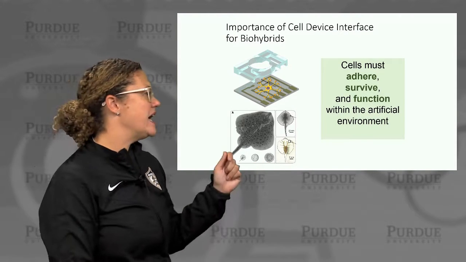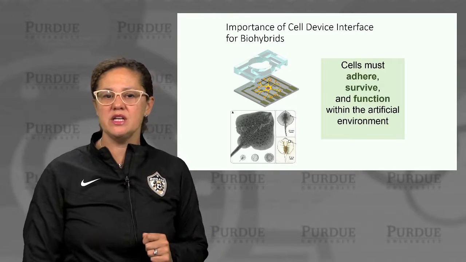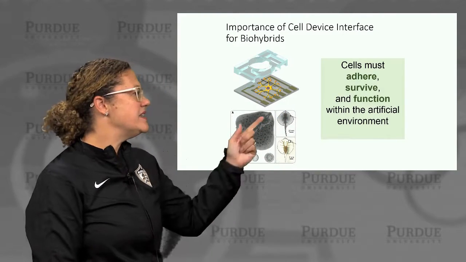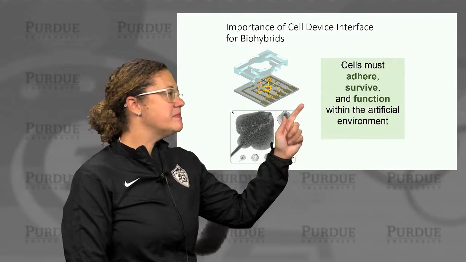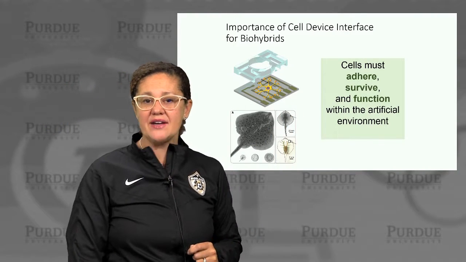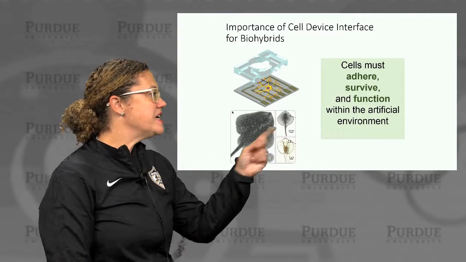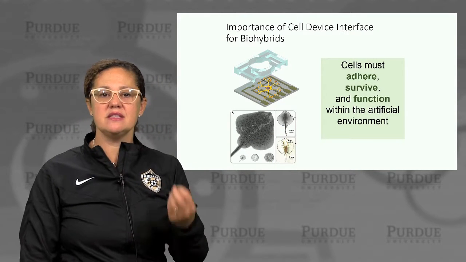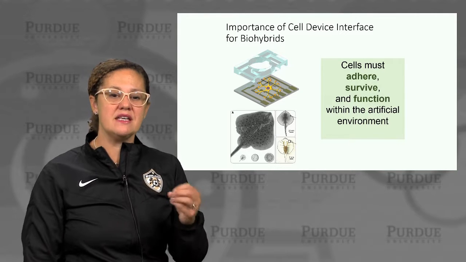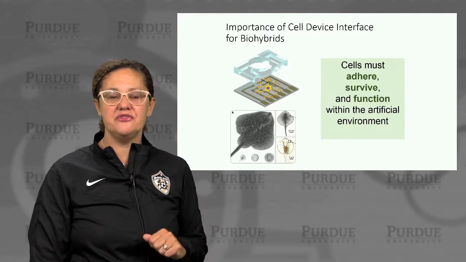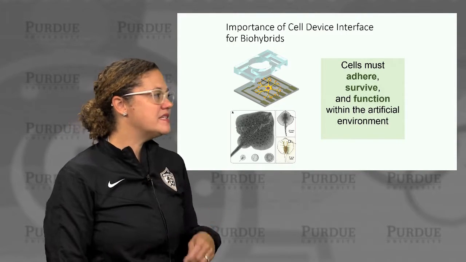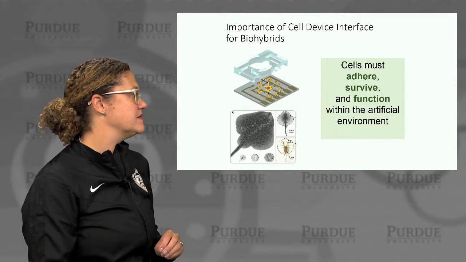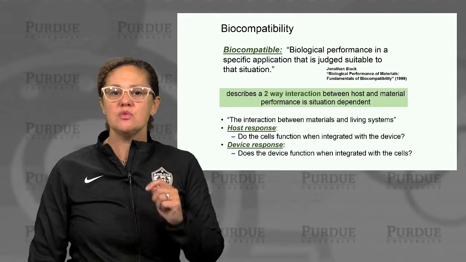Also imagine if we had an electrode array and we wanted to interface that array with some cell. In these cases, the cells must adhere, survive, and function within this artificial environment. And this really comes down to this cell-device interface as this first line of action where this adherence that affects survival and function happens.